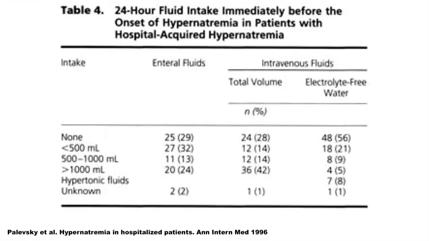This was the fluid administration and enteral feeds given to these patients during hospitalization. And you can see here, this was the fluid administration immediately before the onset of hypernatremia in the hospital-acquired group. So about a third of patients, just under 30% of patients, actually received no enteral feeds.